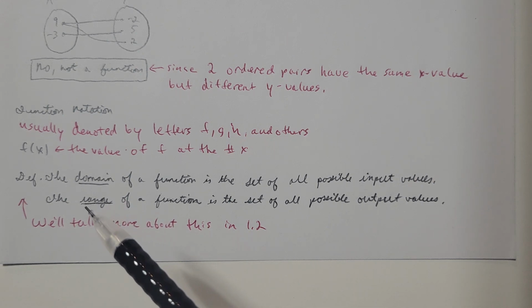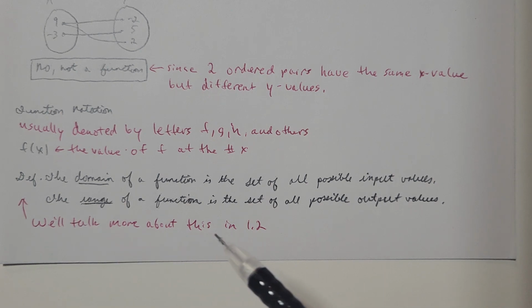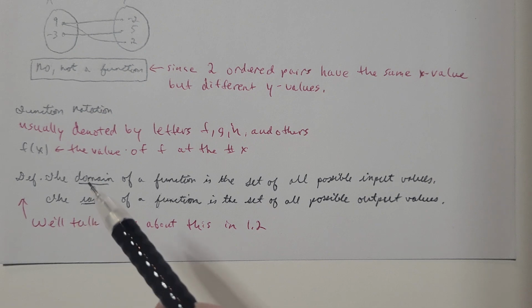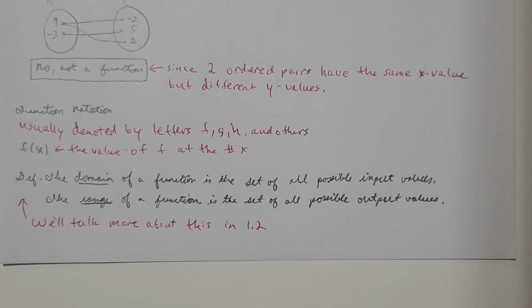So now one of the things that we're going to care about, we'll talk about this more in the next section, 1.2, is the domain and the range of a function. The domain of a function is the set, that's a key word there, the set of all possible input values. So what's going into the function.